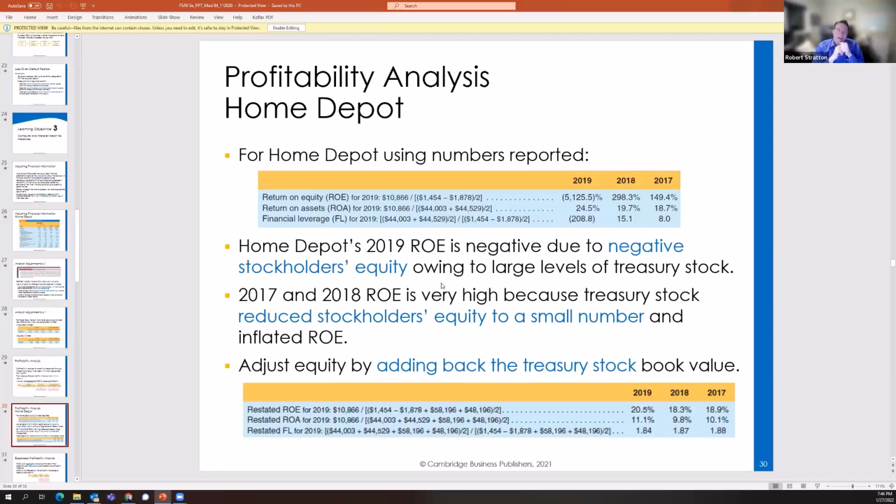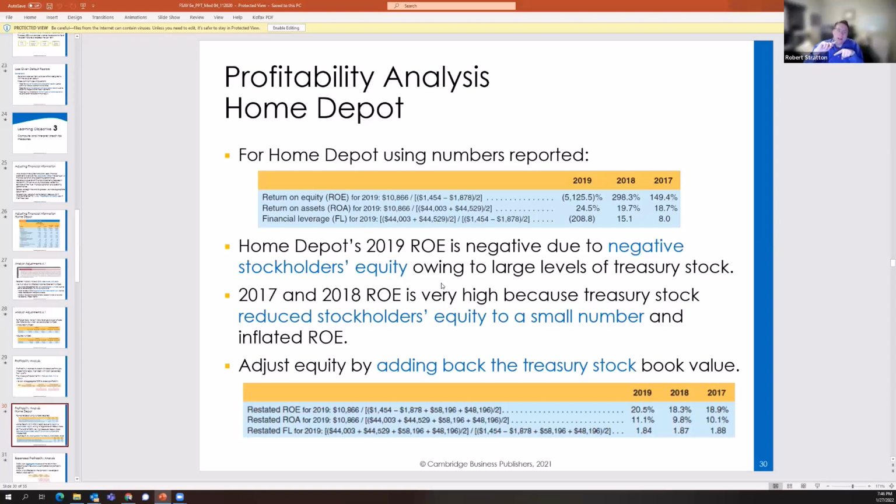Well, that means that for every dollar of equity out there, they posted a loss of $51. Well, that doesn't make any sense. And as analysts dig into this, it turns out Home Depot in 2019 was holding a lot of treasury bills for whatever reason.